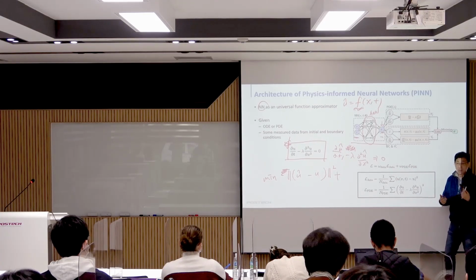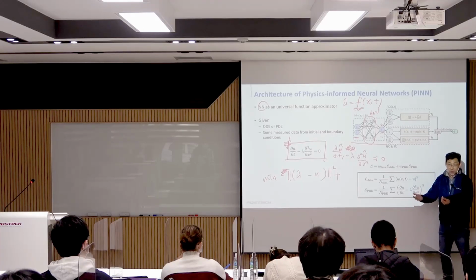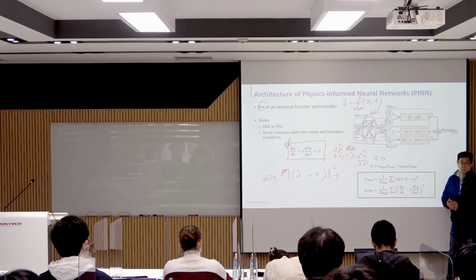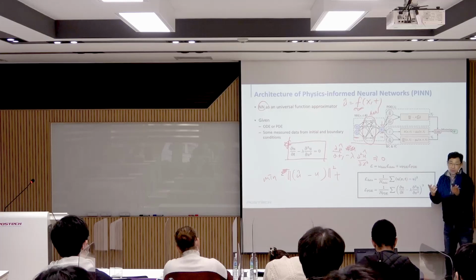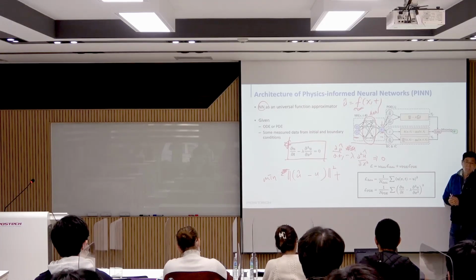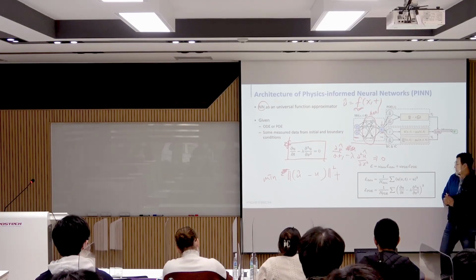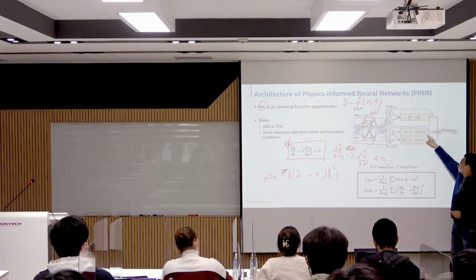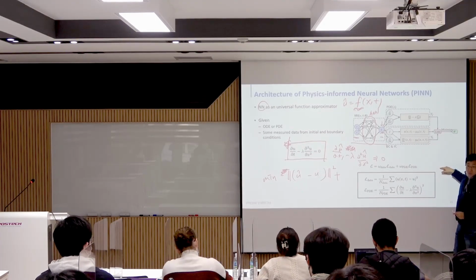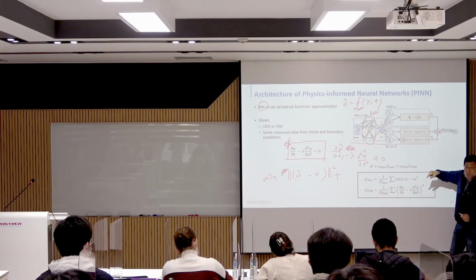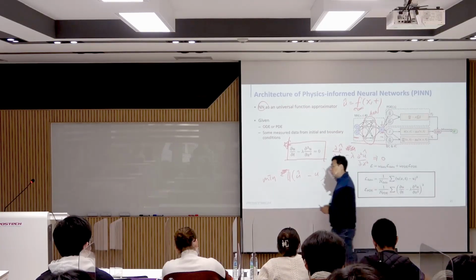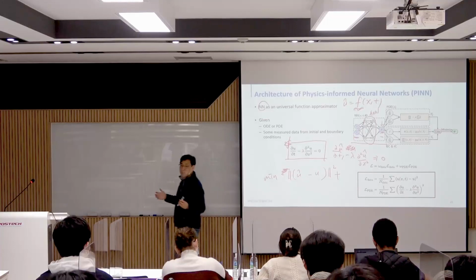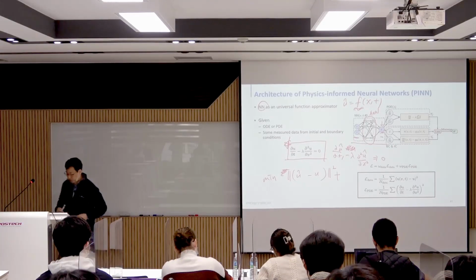It really depends on which one is more important and how to penalize it, so these are tuning or user-defined parameters. And we can also add boundary conditions and initial conditions into the loss function. So the loss function is going to be a multi-objective function in this case.